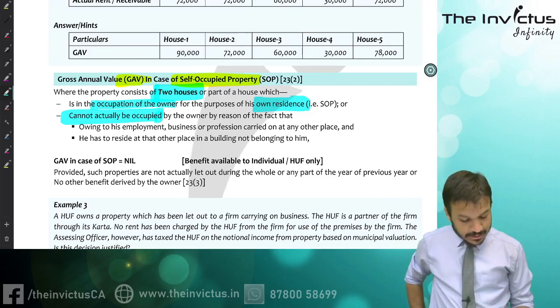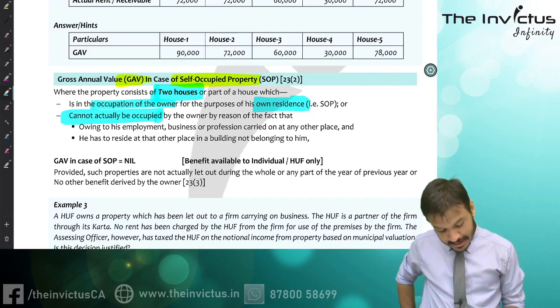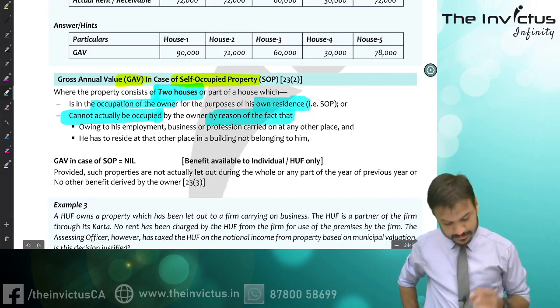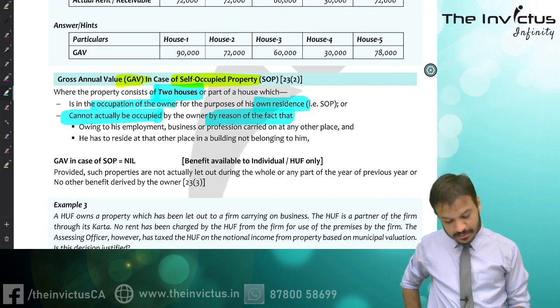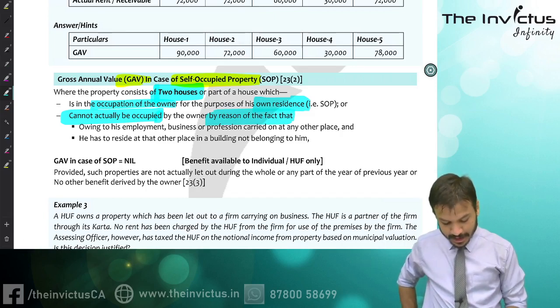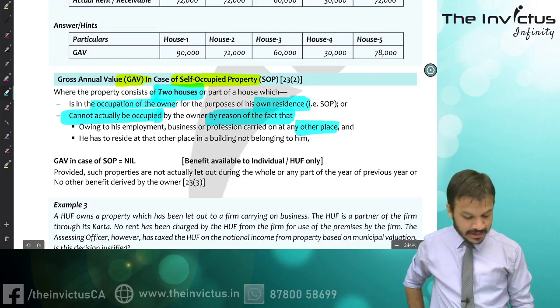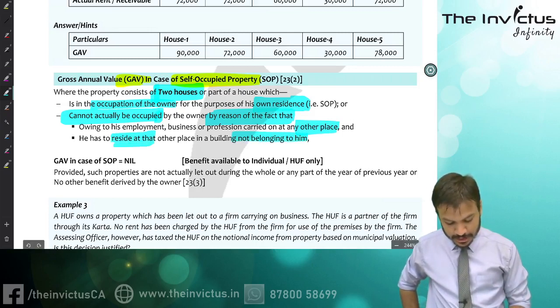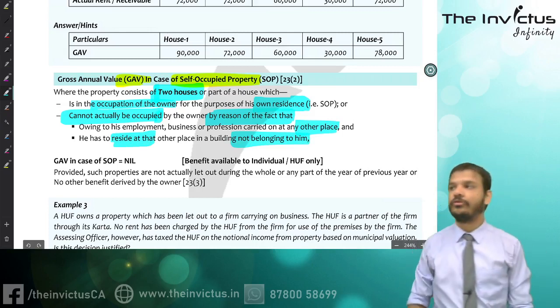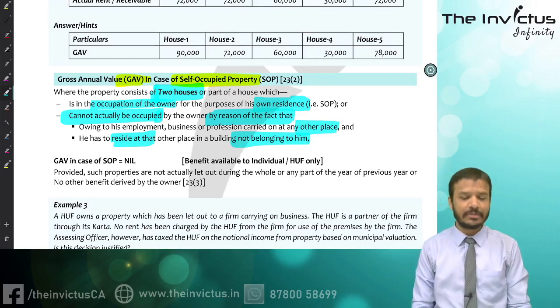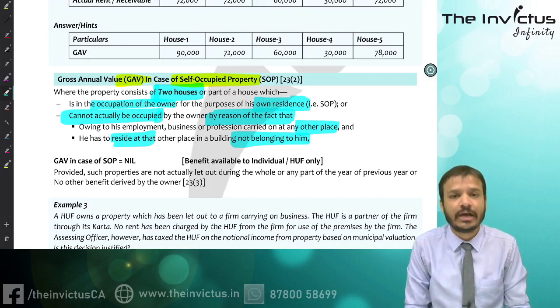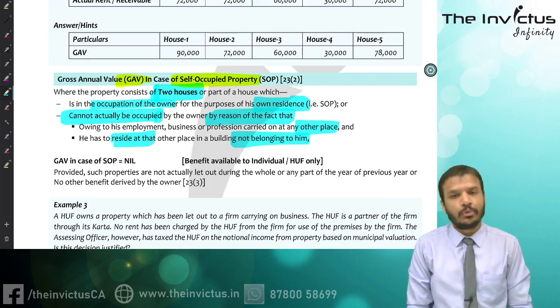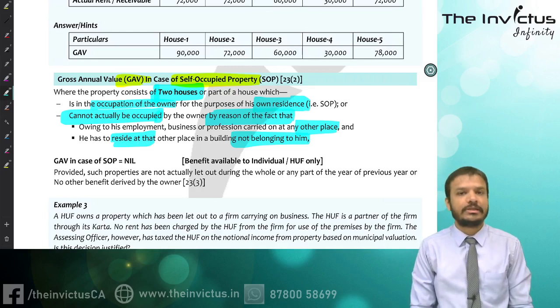The reason is it cannot actually be occupied by the owner by reason of the fact that owing to his employment, business or profession carried on at any other place, he has to reside at that other place in a building not belonging to him. For example, I have my business and profession, everything in the city of Ahmedabad. Now, say I have house property in Baroda, and there are two houses in Baroda which I am owning.